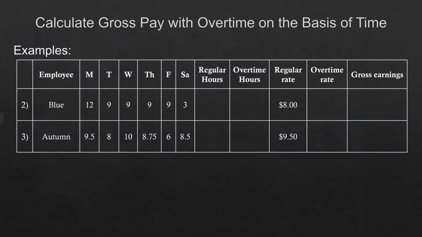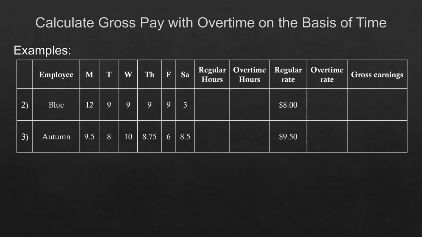Okay, so let's take a look at this chart. We have a few things we'll fill in the chart, and then we'll also do some calculating down below to finish this chart. So we're going to calculate the total number of hours for Blue. If you take these and add them all together, the 12, we've got 9 four times and a 3, right? So 9 four times is 36 plus 12 is 48 and 3.